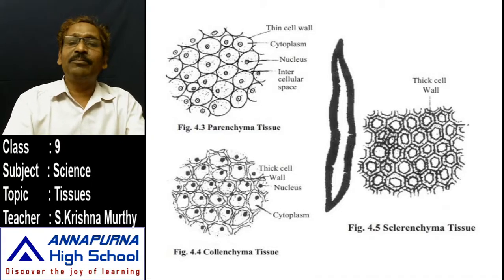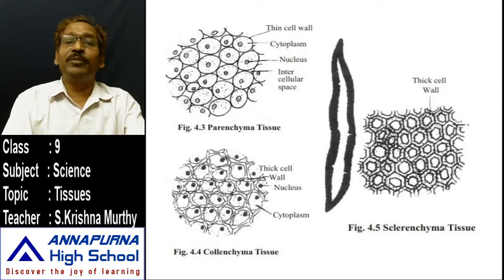While preparing some food material along with the collenchyma, because they have some chloroplasts, the corner of each and every cell contains extra cellulose, more than the parenchyma. The parenchyma can also prepare food material by the photosynthetic process, but the collenchyma also contains some extra cellulose in the corners of each and every cell.